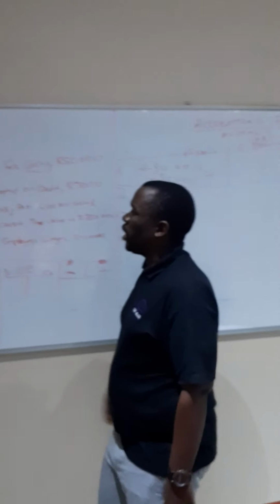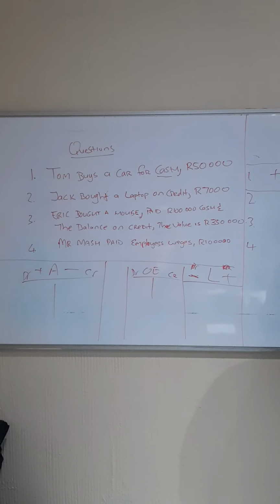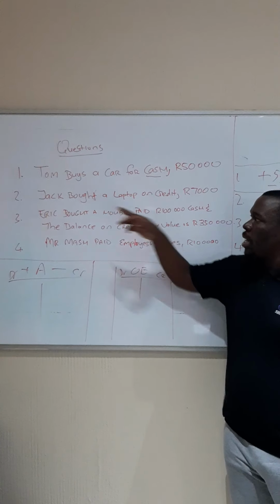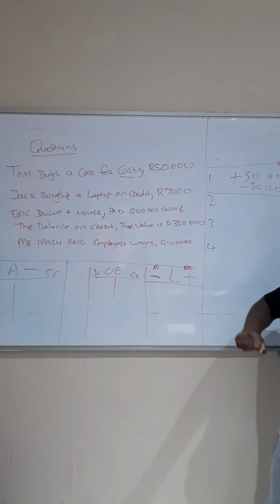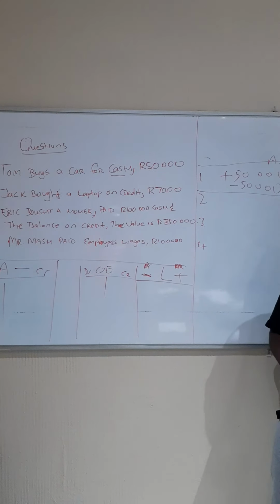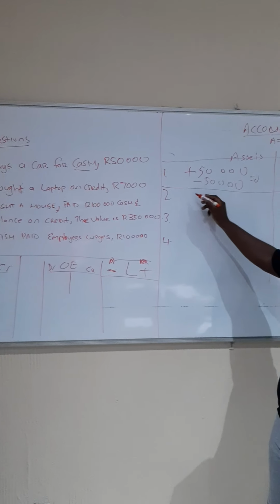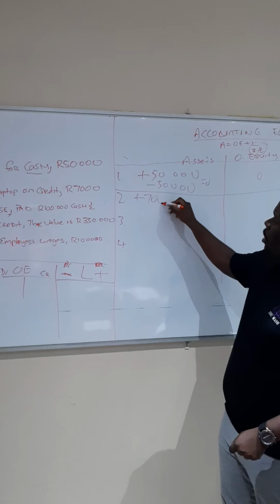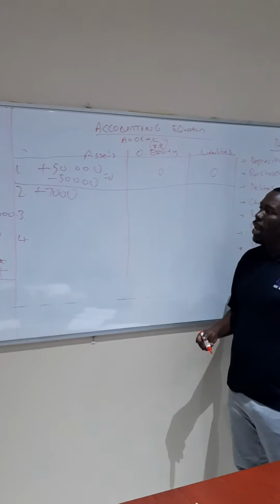And the second question is, Jack bought a laptop on credit for 7,000 Rand. So what is happening here? Jack is buying a laptop, and how is he buying the laptop? He's buying the laptop on credit for 7,000 Rand. A laptop is something that we own, which is an asset, and Jack is buying it using credit, which is a liability to us.